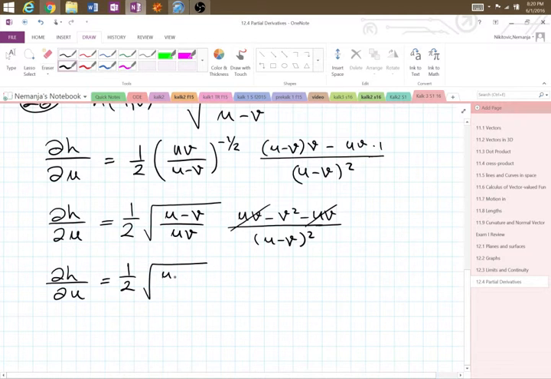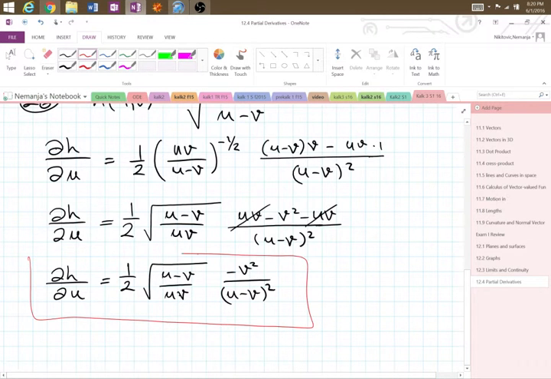So u minus v and then uv times negative v over u minus v squared. We could technically, negative v squared, that's what I said, please pay attention. Very good. So that's what we have. And that would be the partial derivative.